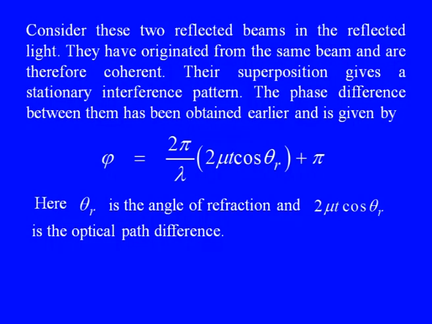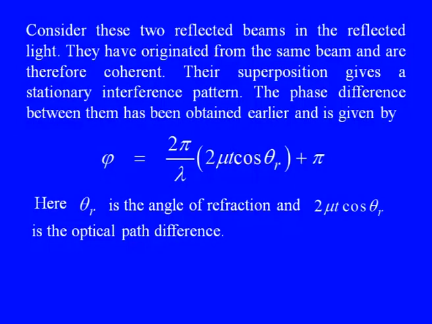BF is the beam which is transmitted, goes through the film. Consider these two reflected beams in the reflected light. Remember, they have originated from the same beam and are therefore coherent. Their superposition gives a stationary interference pattern.